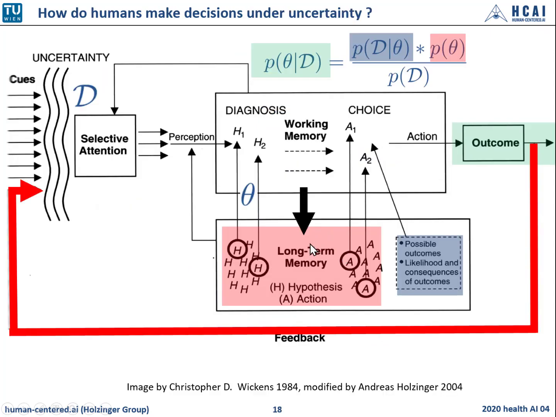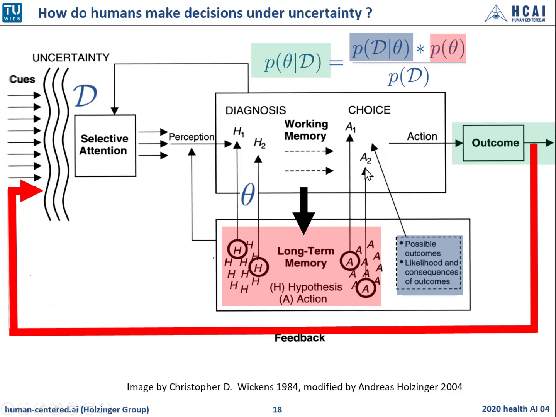Okay, how do humans make decisions under uncertainty? I go back now to the image by Christopher Wickens from 1984, and you see here this nebula of uncertainty. This uncertain data is perceived through selective attention. Then we form some hypotheses. This is the same as in machine learning. We have hypotheses, and we compare the drawn hypothesis with some, let's say, ground truths in the long-term memory, and then we take the best possible action.